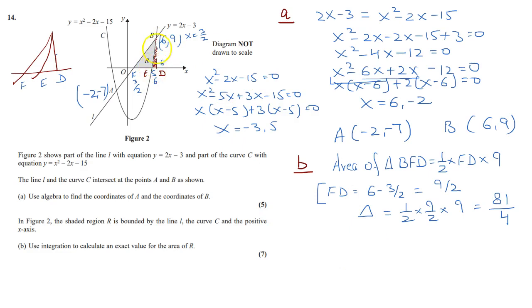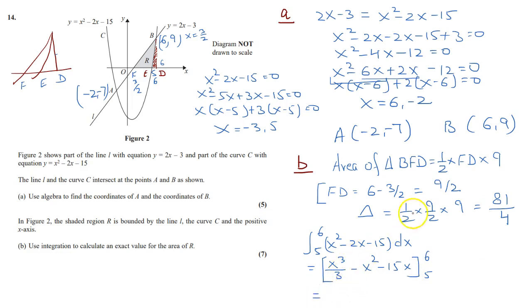So now we have to find the area of this portion. So that will be integral 5 to 6 of x square minus 2x minus 15 dx. So this is x cube over 3 minus 2x square over 2, which will be x square, and minus 15x, from 5 to 6.